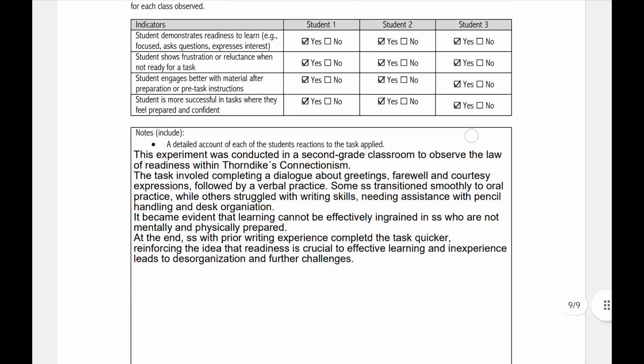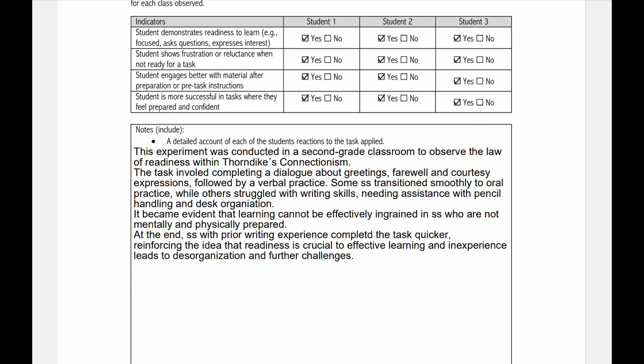in this experiment was conducted in a second grade classroom to observe the law of readiness within Thorndike's connectionism. The task involved completing a dialogue about greetings, farewells, and courtesy expressions, followed by verbal practice. Some students transitioned smoothly to oral practice, while others struggled with writing skills, needing assistance with pencil handling and desk organization.